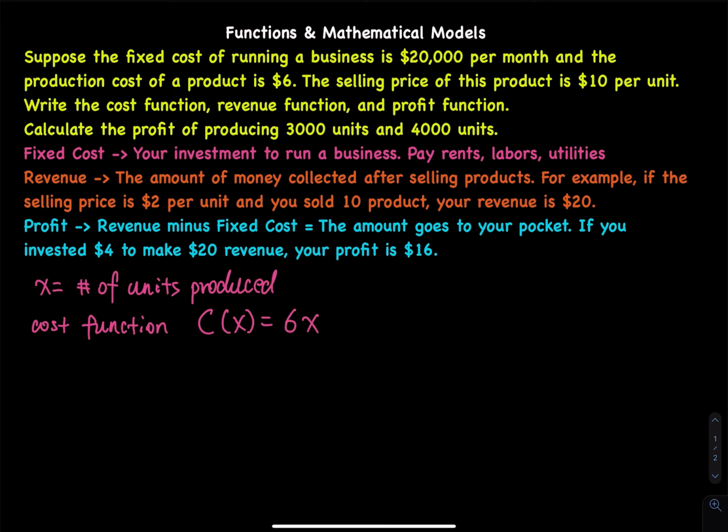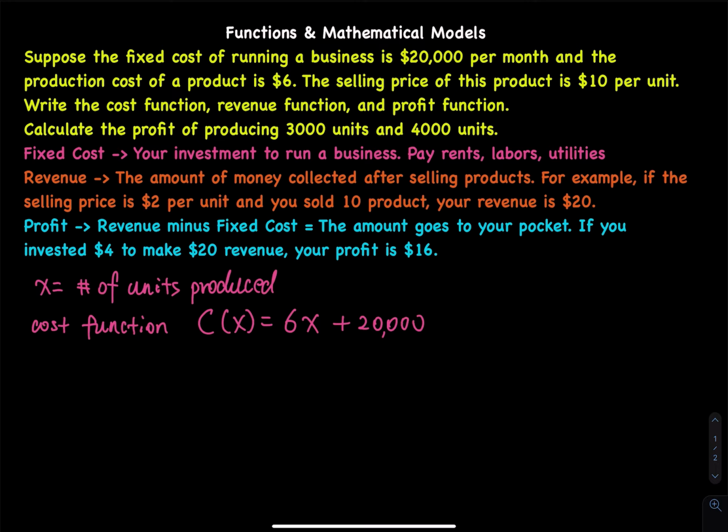Let's say you produce 0 units, then you spend 0, right? Because 6 times 0 equals 0. So if you produce nothing, looks like you pay $0, but that is not the whole story. Don't forget that you have to pay $20,000 per month for running this business. So you have to add $20,000 on top of the 6x. That means even if you do nothing, you still have to pay $20,000.